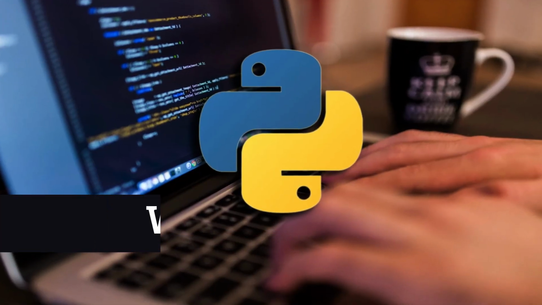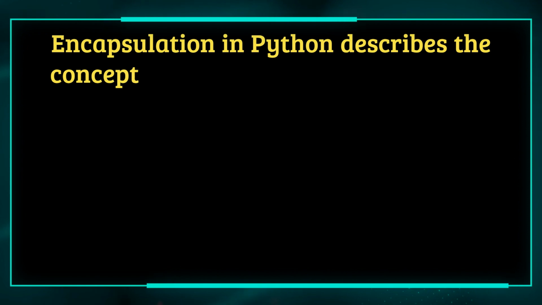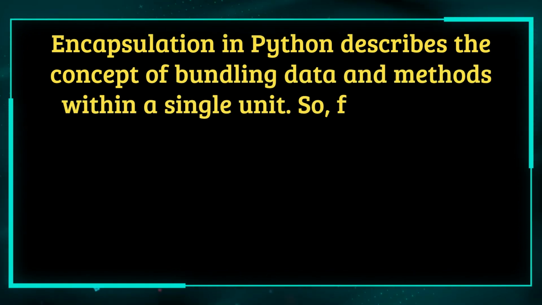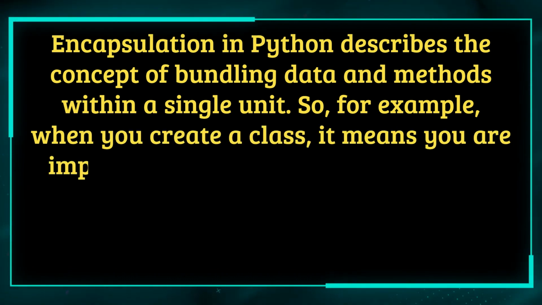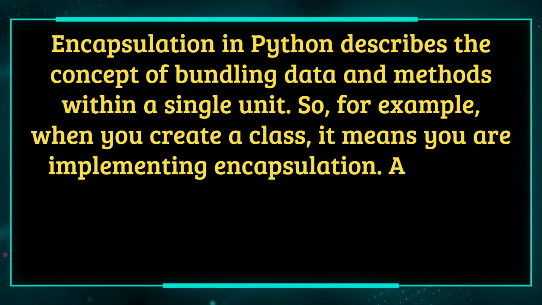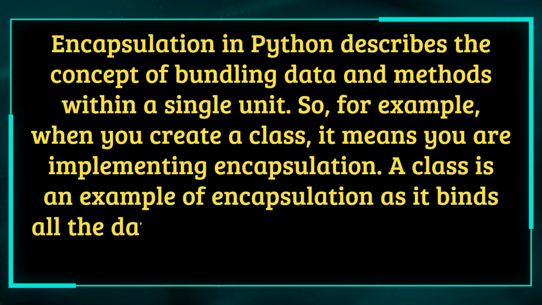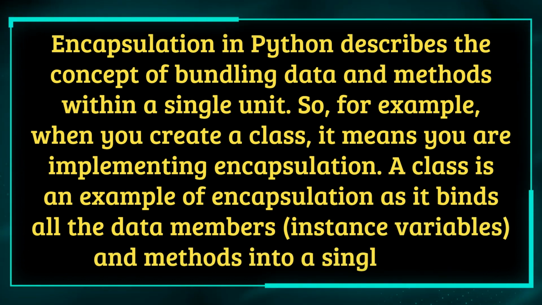Let's start with what is encapsulation in Python. Encapsulation in Python describes the concept of bundling data and methods within a single unit. So, for example, when you create a class, it means you are implementing encapsulation. A class is an example of encapsulation as it binds all the data members, instance variables, and methods into a single unit.